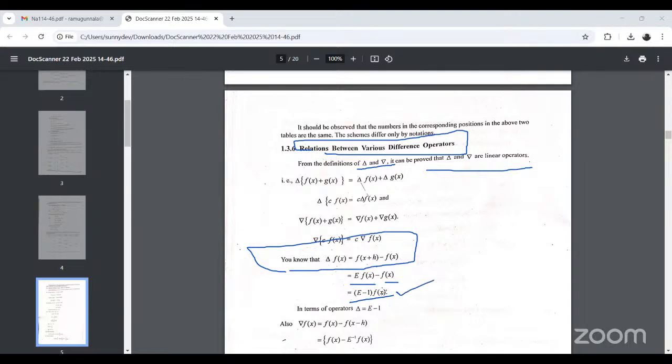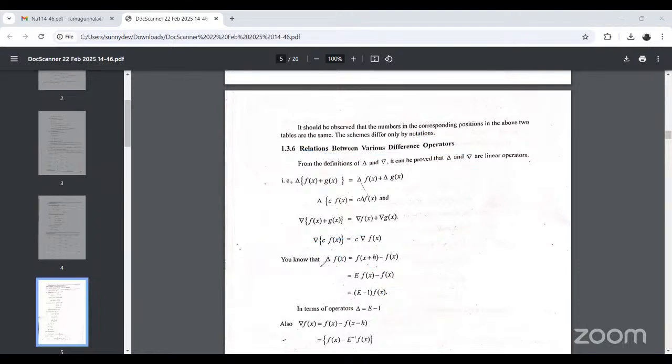Now on both sides we cancel f of x and we get delta equal to E minus 1. So this is very important for the short answers. In the examination they ask to prove that delta equal to E minus 1. So this is the procedure.